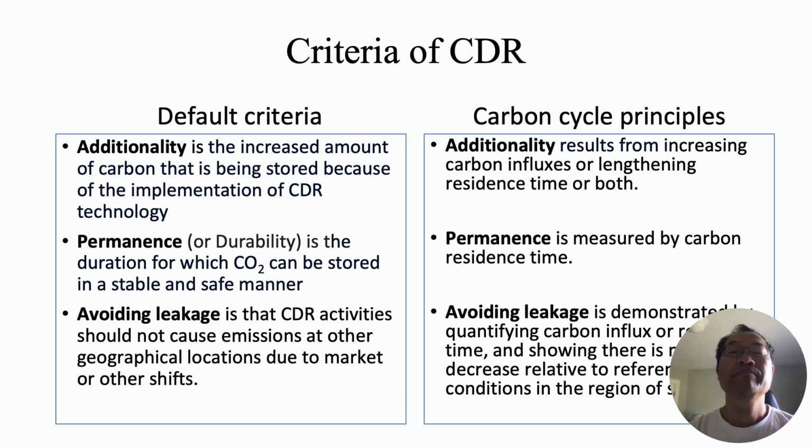Permanency is measured by carbon residence time. And avoiding leakage is demonstrated by quantifying carbon influx or residence time and showing there is no decrease relative to reference conditions in the regions of study.